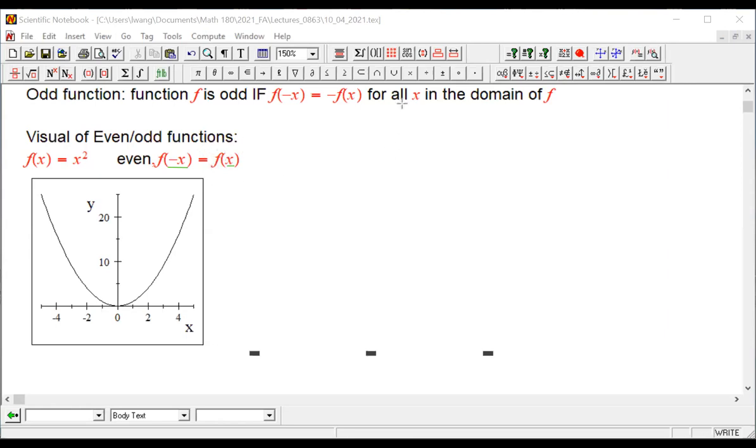So what's the interpretation? Let's use different colors. Let's make this blue.